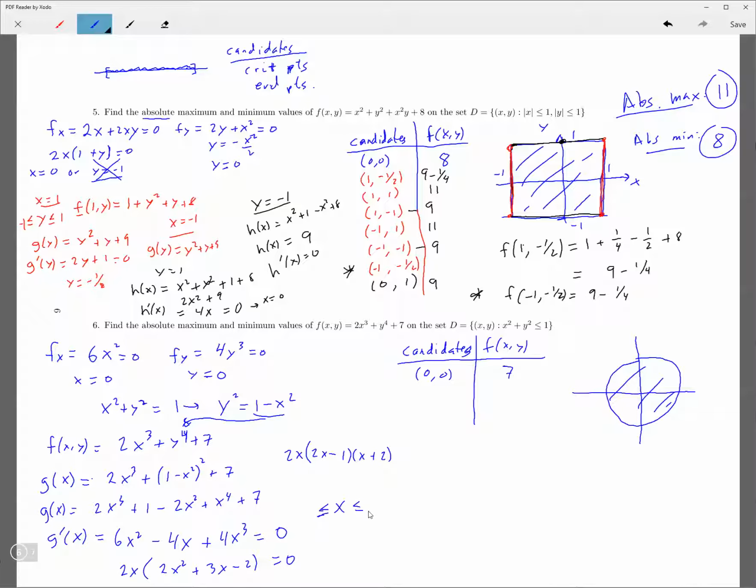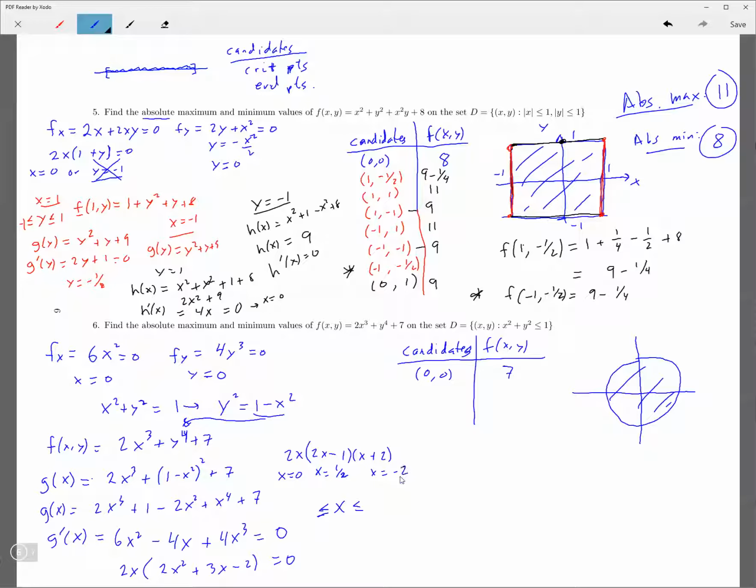What are the smallest and largest values that x could be? -2 and 1/2. Well, if you set that equal to 0, you get x equals 0, x equals 1/2, and here you get x equals -2. So yeah, that's kind of correct there.